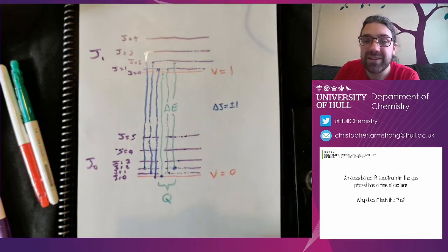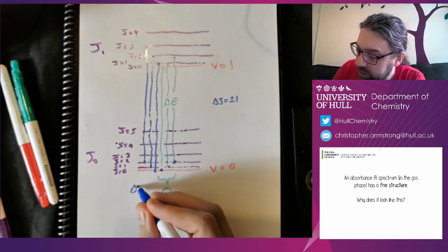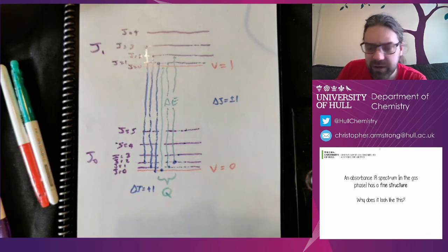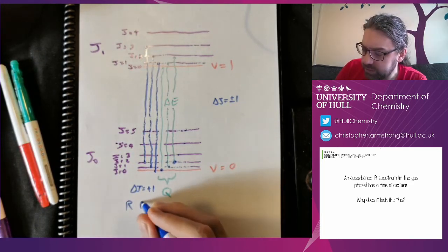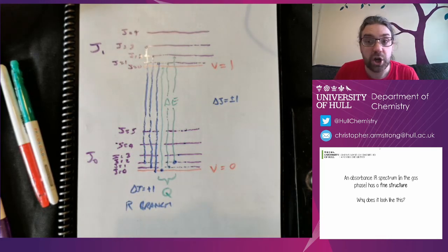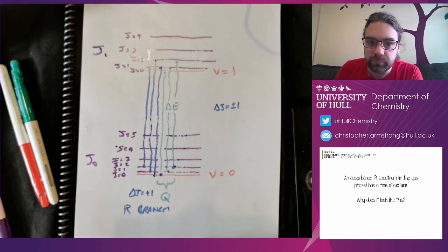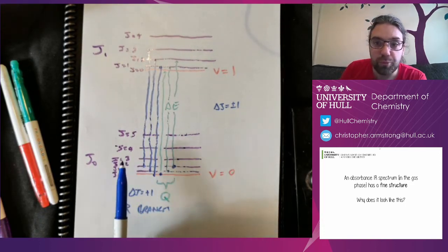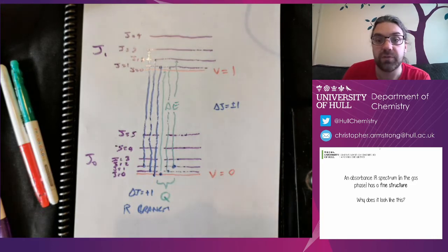These are increasing in energy. Delta J here is equal to plus 1. Those are higher in energy. That is the R branch. All the transitions in the R branch are at a slightly higher energy and an increasing energy. And that's because of that. So each of these is a new line on that side of the spectrum.